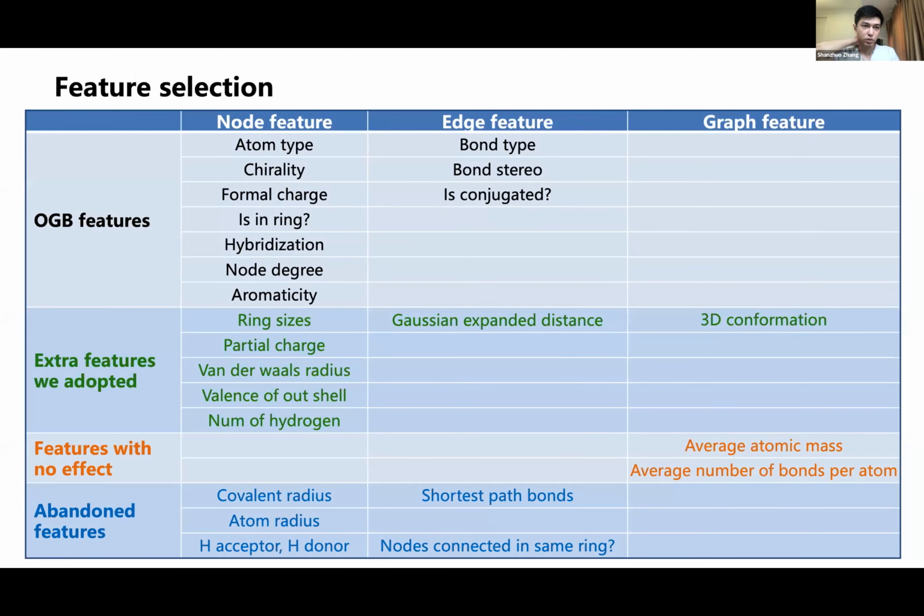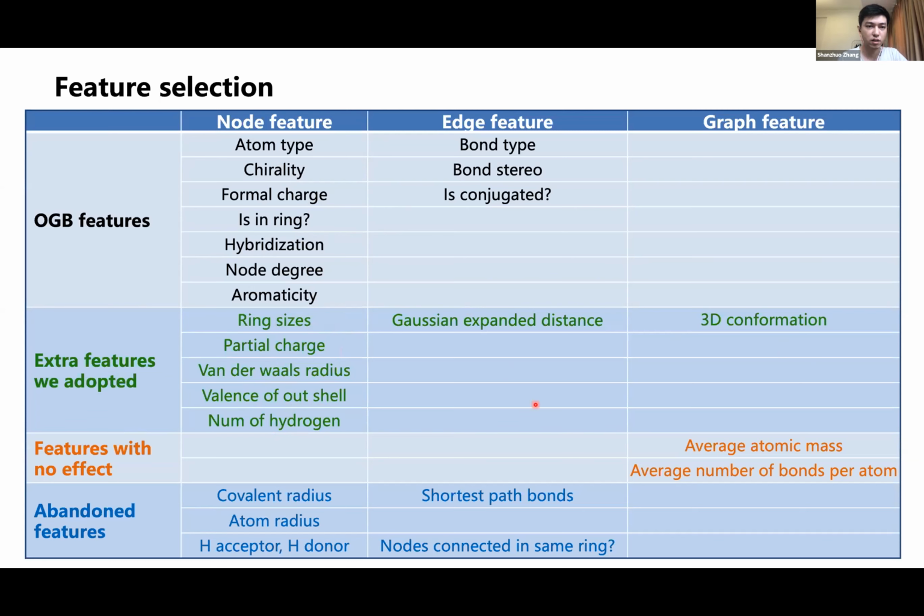And in this part, we will introduce the features we have tried. We know that OGB has provided many features which are very useful. And besides that, we tried some extra features such as the ring size, which means the size of the ring that a node resides in. And the partial charge, van der Waals radius, valence of oxide, number of hydrogen.